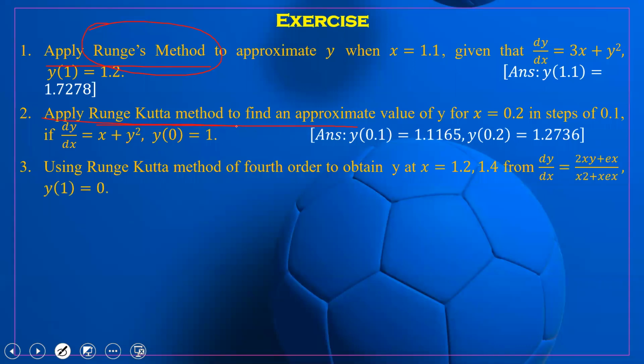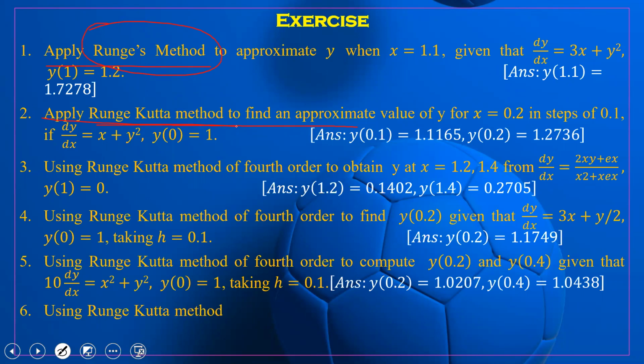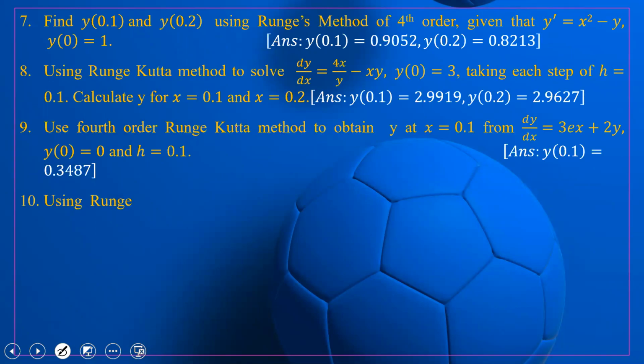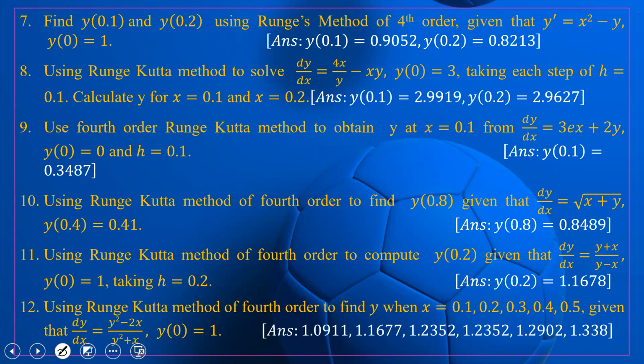That's why a lot of examples are given to you. You should try to solve these examples. There are 12 examples we have given you, so try to solve all these 12 examples.